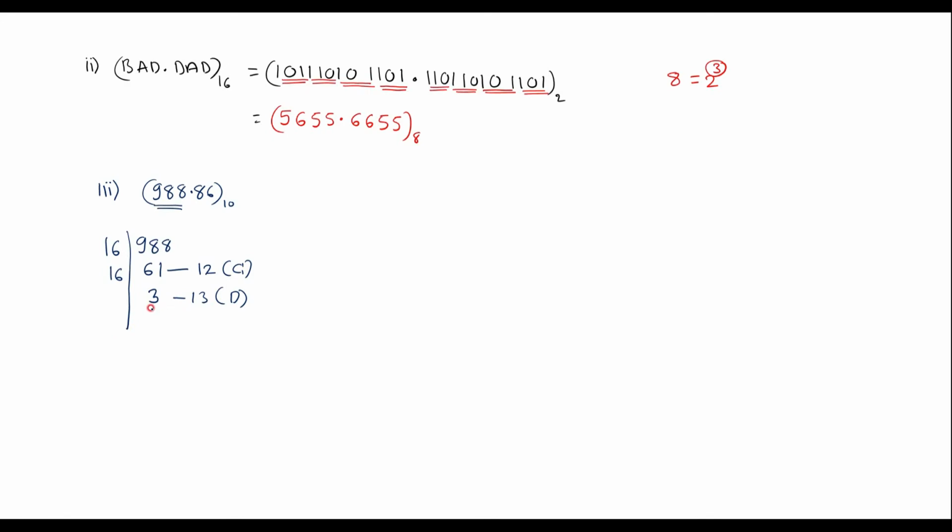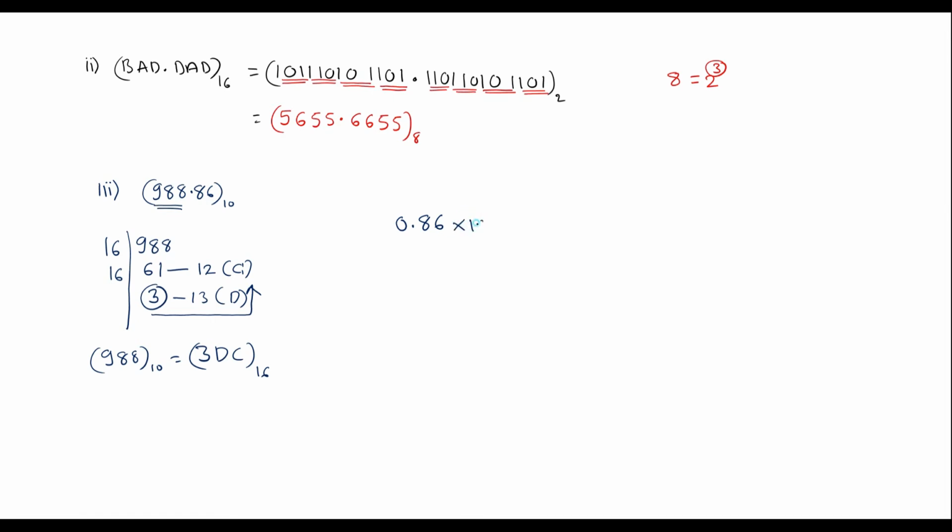Therefore now we are supposed to represent number from bottom to top fashion, that is 988, which is in decimal, is equal to 3. Next number is D. Next number is C in hexadecimal. The fraction number, that is 0.86. We are supposed to multiply with 16 here.